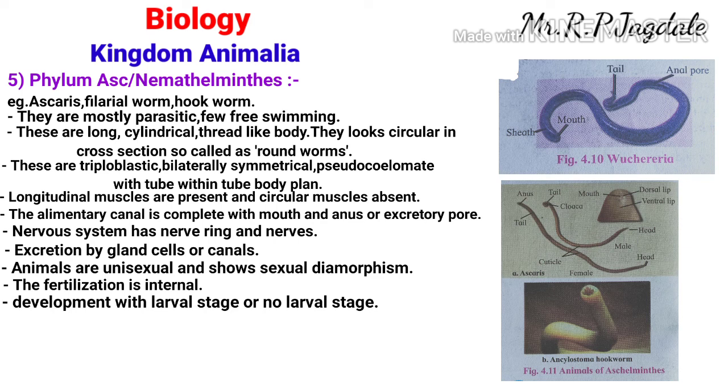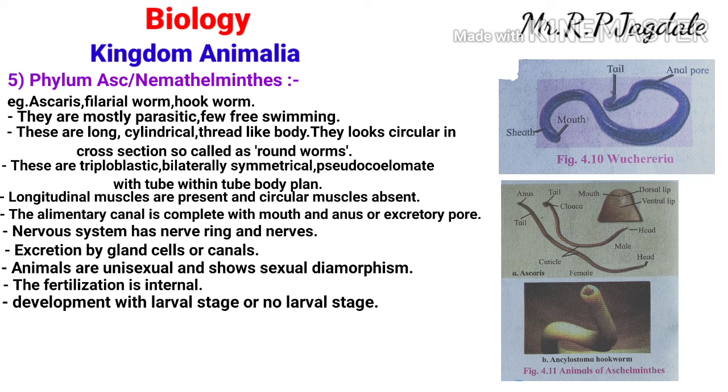So this is about the phylum Aschelminthes or Nemathelminthes. These are also called roundworms or thread-like worms. They are triploblastic, bilaterally symmetrical, pseudocoelomate with tube within tube body plan. They have longitudinal muscles and absence of circular muscles on their body.